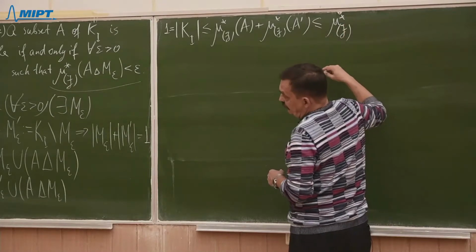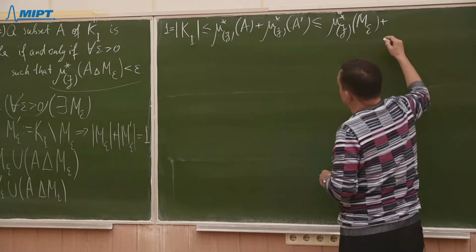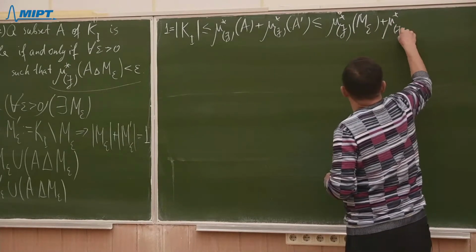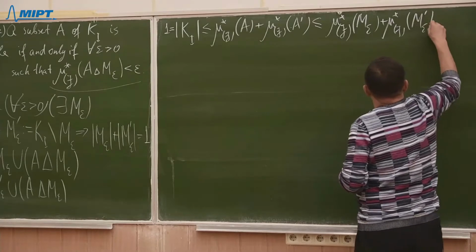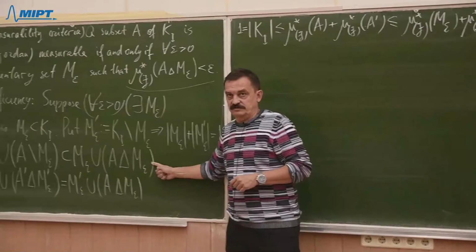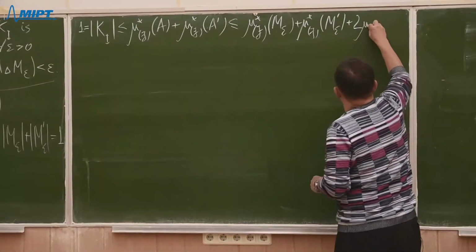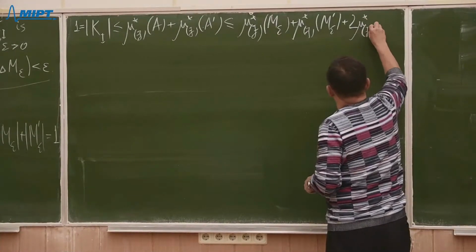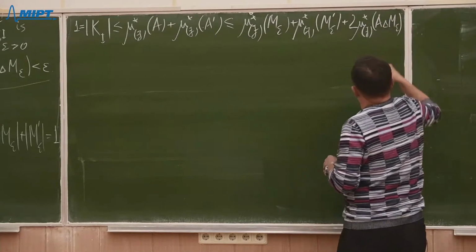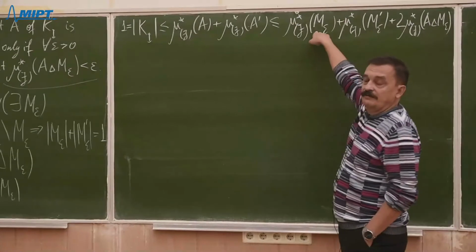Then, according to those inclusions, I can continue this chain of inequalities by using the same property of the outer measure again, for this one, then also for that one, and then to equal measure, outer measures. Same, right? So we have our two outer measures of that symmetric difference. And then look, elementary set.